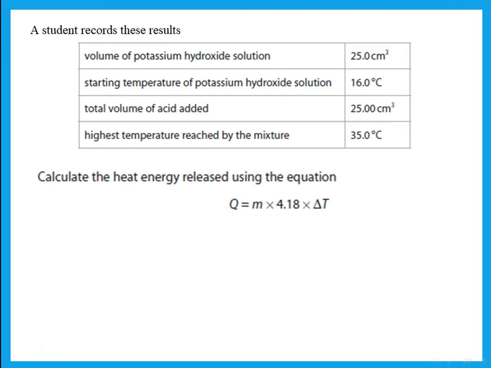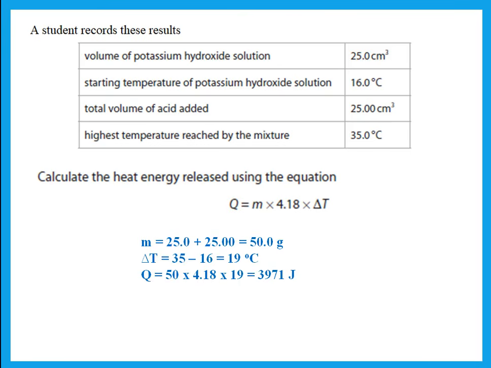Remember we said m is the volume of the solution, which is the same as the mass of the solution. Now, what is the mass of the solution? Well, what did he do? He added 25 centimeter cubed of potassium hydroxide to 25 centimeter cubed of acid. So the total mass of the solution is 50. The delta T is the difference in temperature. So Q will be the mass times 4.18 times the change in temperature.